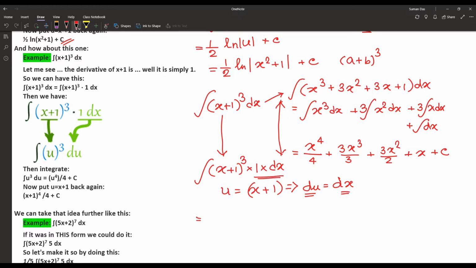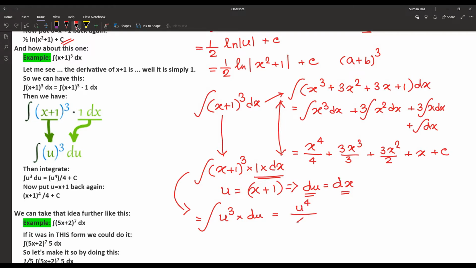So here, using the method of substitution, if we convert the x plus 1 to the variable u, then we may write it like u cube into du.